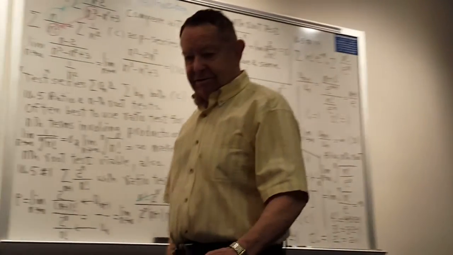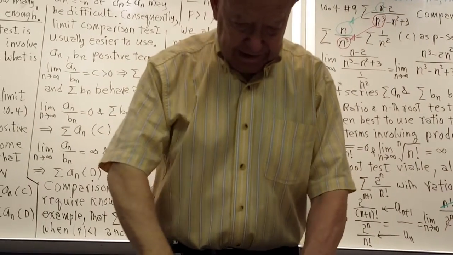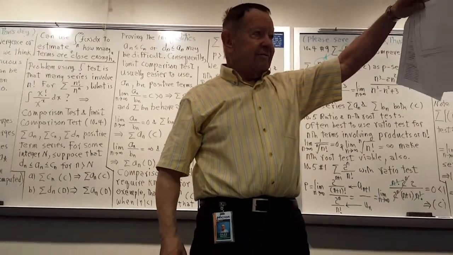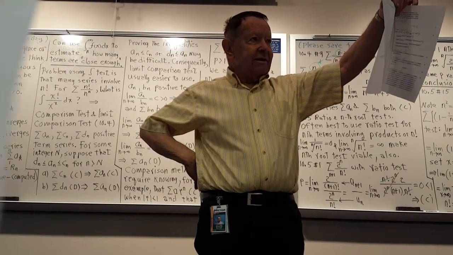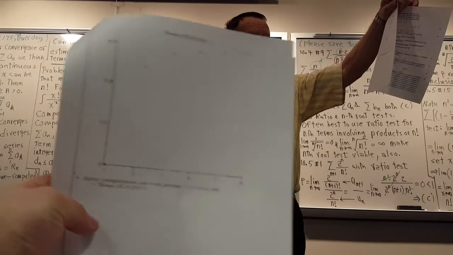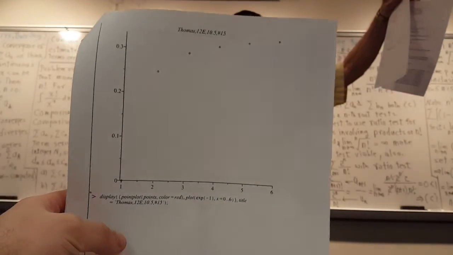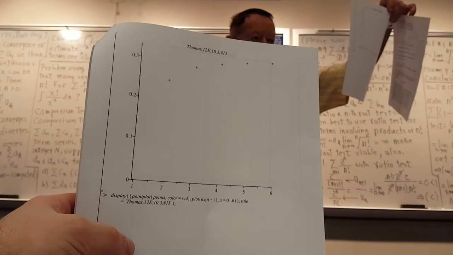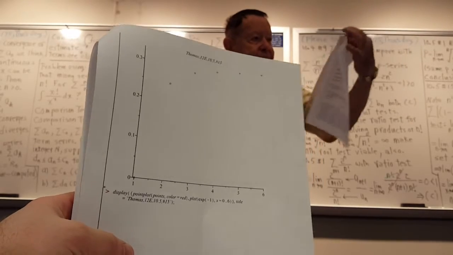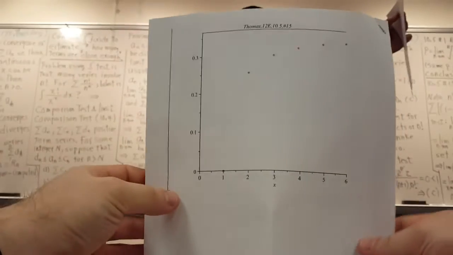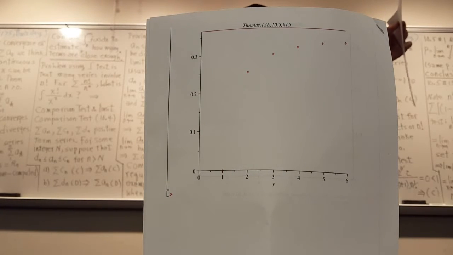So look again at your Maple handout. You see on the second sheet of paper I have the picture of the terms in the sequence for the first 6 terms, and they're approaching a horizontal asymptote, which is the value of 1 over e, the 0.36. And then if you turn the page, it's the same picture really, except that I put the horizontal asymptote in there in red.